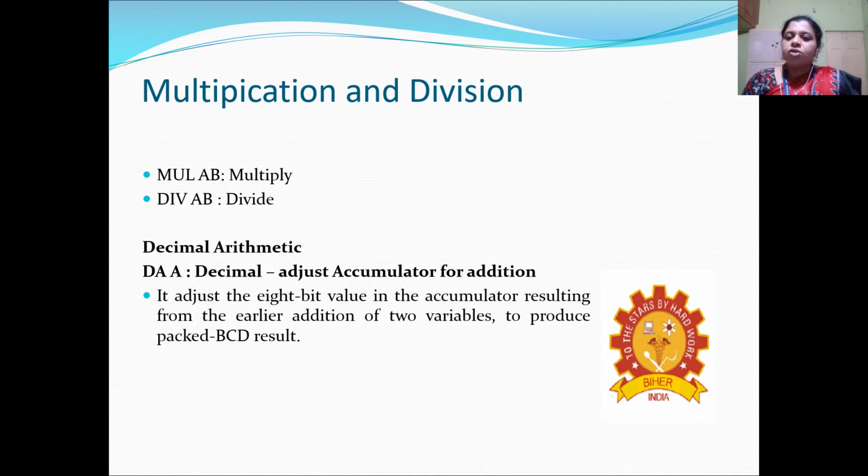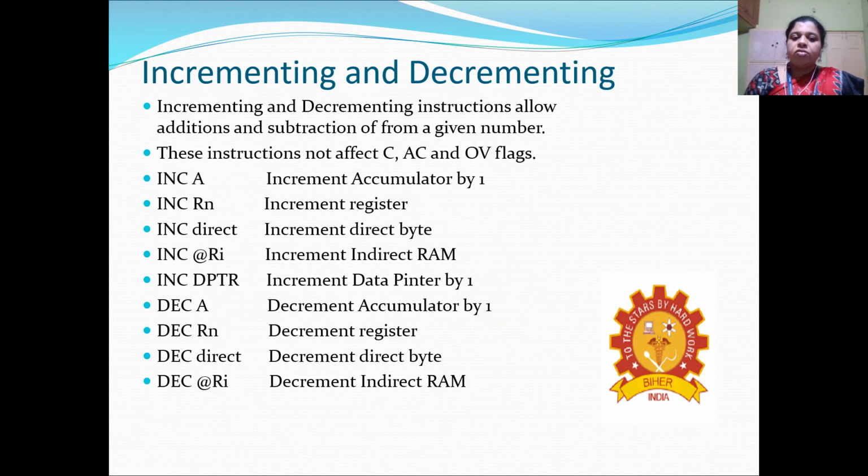When adding the two datas in the upper nibble, if that result exceeds 9, again we have to add 6 to it. That is the adjustment of the BCD addition, so that the final result will be a packed BCD. To do that correction, we use this decimal adjust accumulator for addition. So this is the thing about the arithmetic.